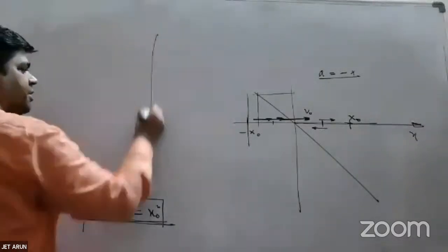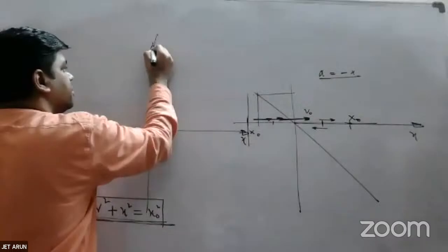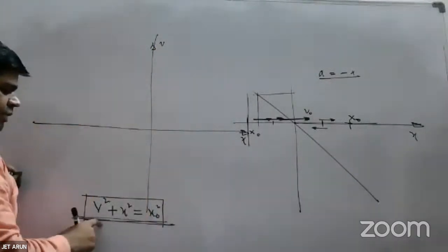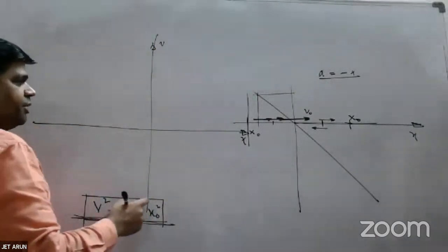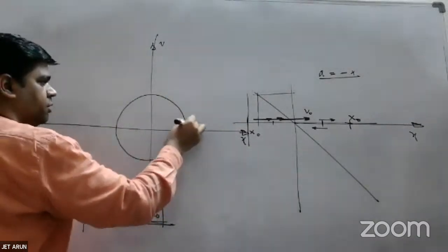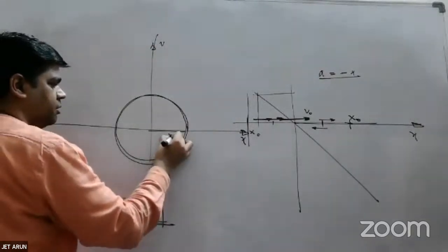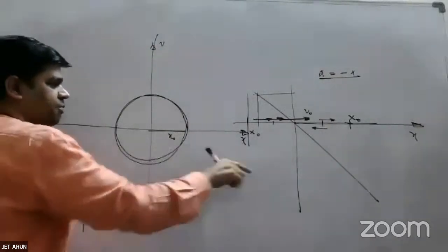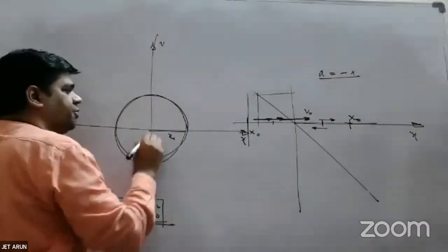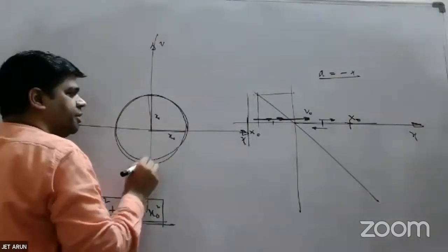So if I've got the Vx curve, in the Vx plane, x, V. V square plus x square is equal to constant square, is nothing but a circle with radius x naught. x naught is in meters, and this is in meters per second. This distance is also x naught, but this will be meters per second.